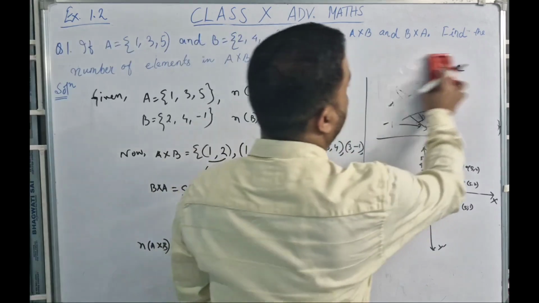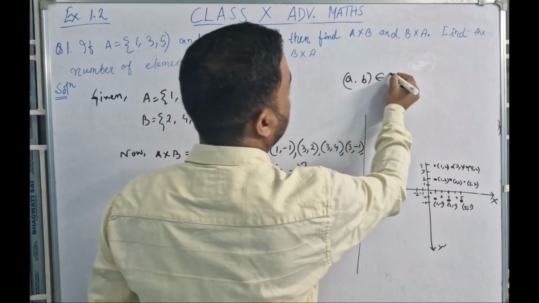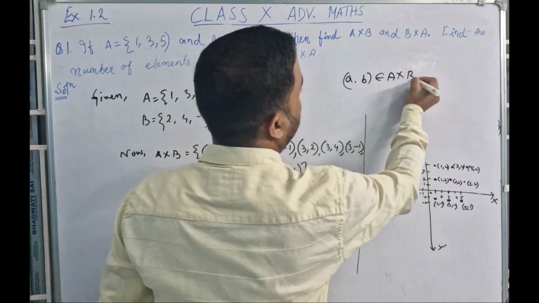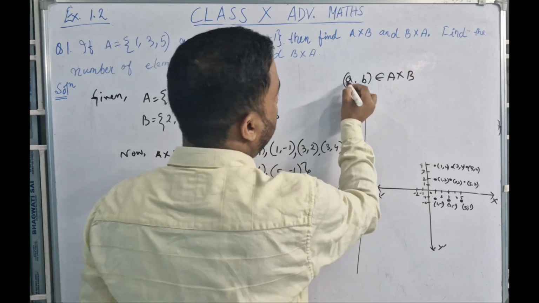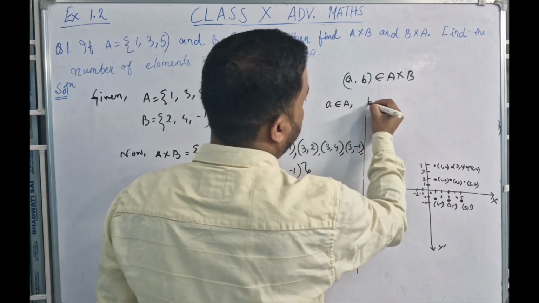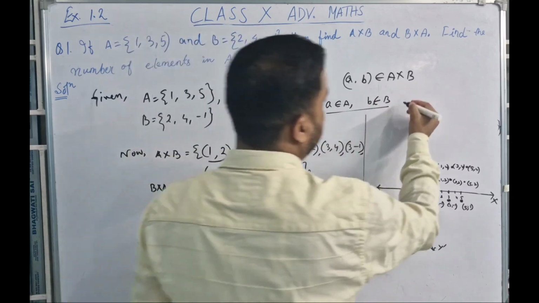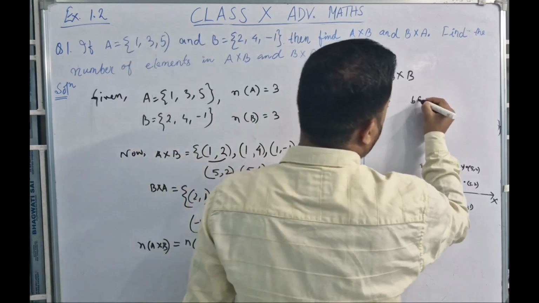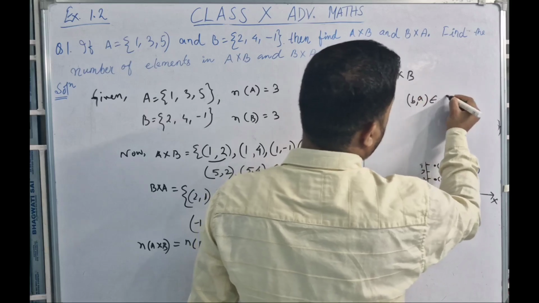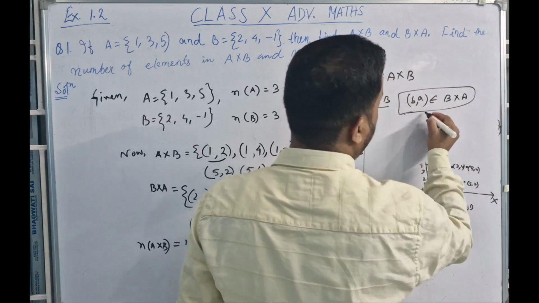So I can ask you one question here: if (a, b) belongs to A cross B, what does it mean? It means the first component a belongs to the first set A, and b belongs to B. Now if I ask, will (b, a) belong to B cross A? Yes or no?